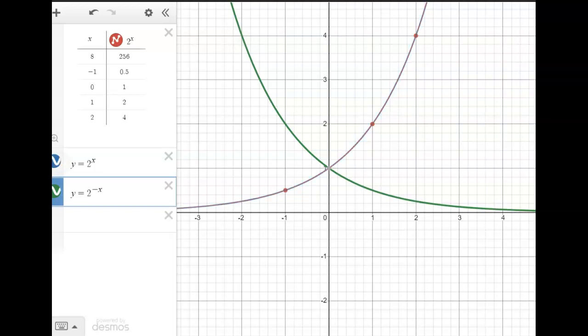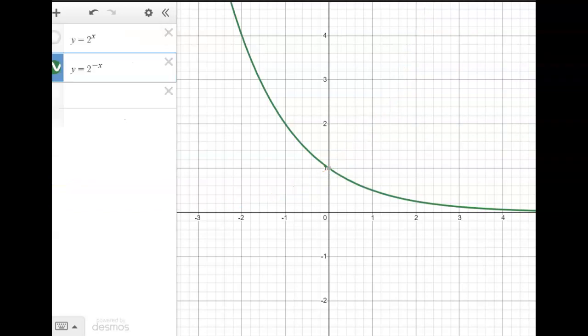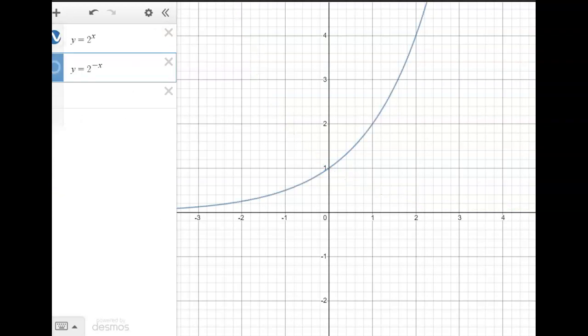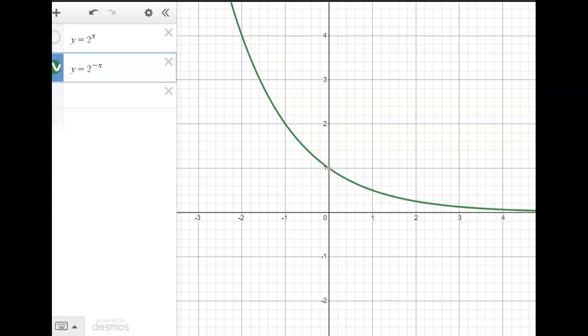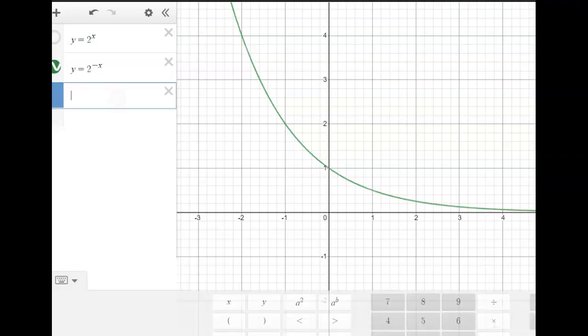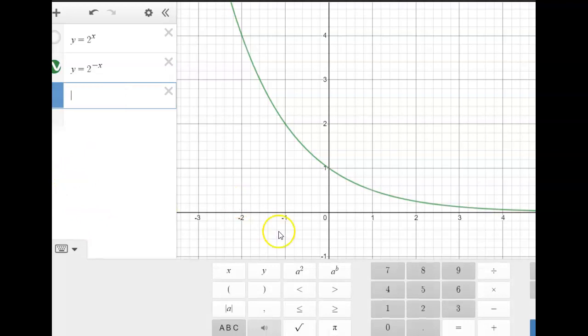But there is another way to get the same graph, the one that is decreasing. That's 2 to the x, and that is 2 to the negative x. So it's decreasing. I want you to notice what I'm going to type.